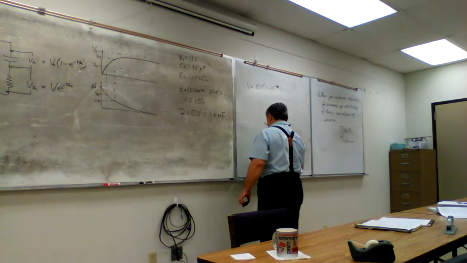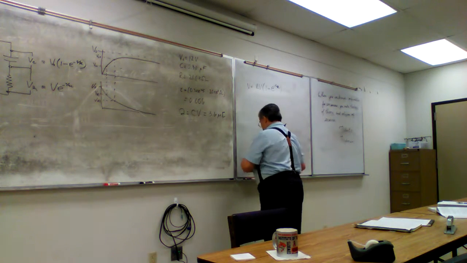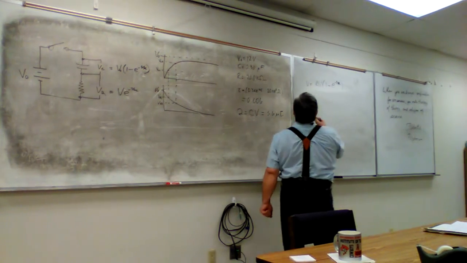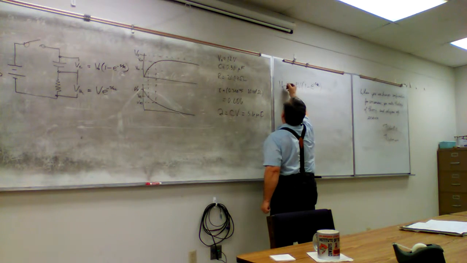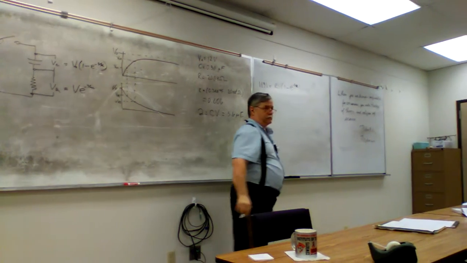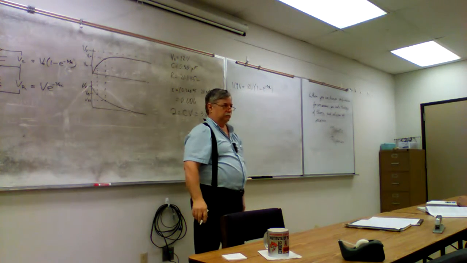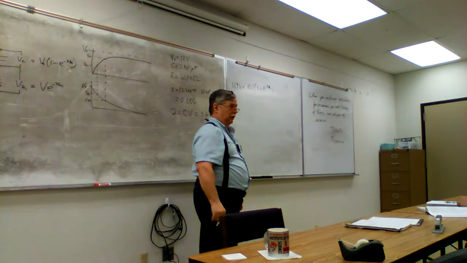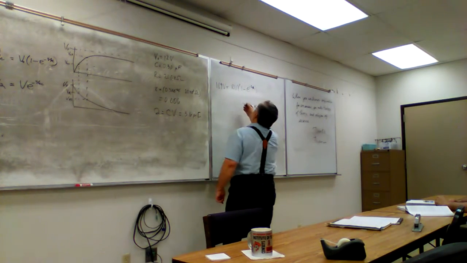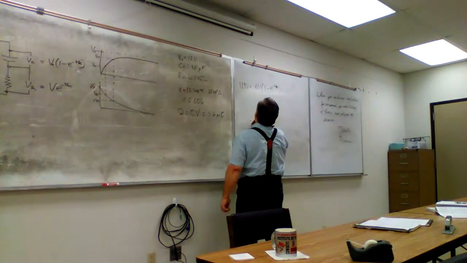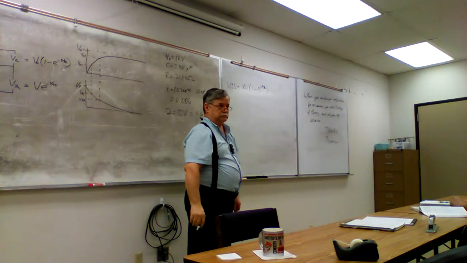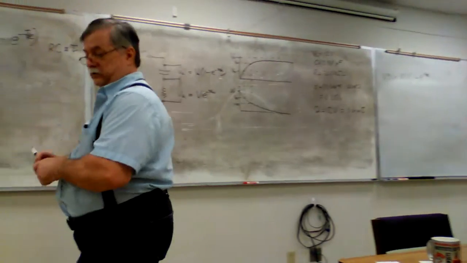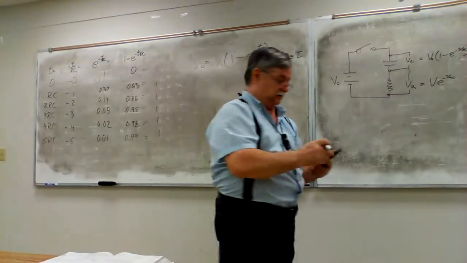How long will it take you to get to 11.9 volts instead of 12? Now, there's a finite calculation that you can actually do. Divide both sides. Yeah, let's work through this one step at a time. What's 11.9 divided by 12?